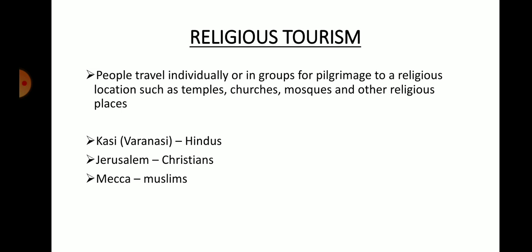In India, there are some religious places. For example, Kasi in Varanasi is a holy place for Hindus, for Christians, Jerusalem, and for Muslims, Mecca. So these are the important things about religious tourism.